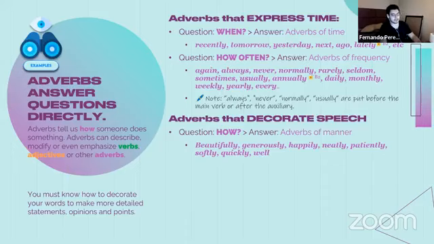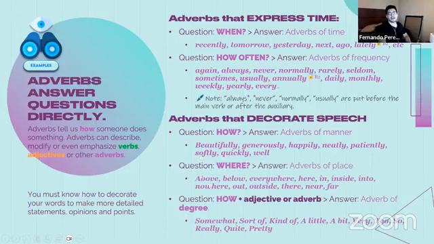Okay, let's talk about this. The next part, adverbs that decorate speech. The next list are adverbs that decorate the way you speak, using extensive information about your verb. Here you have words like beautifully, generously, happily, neatly. All these are the way you do things.